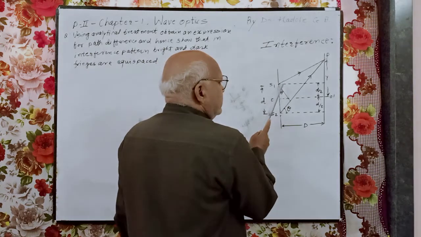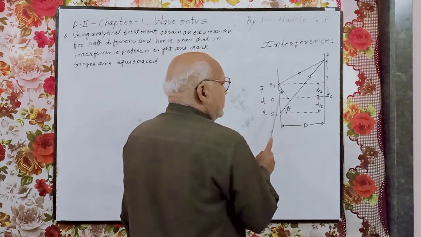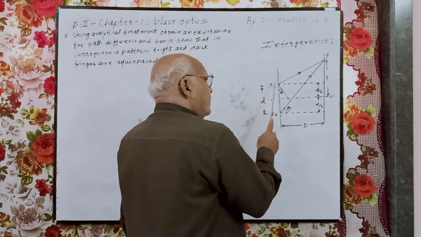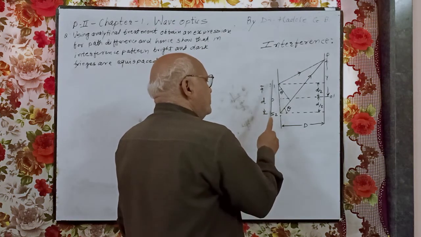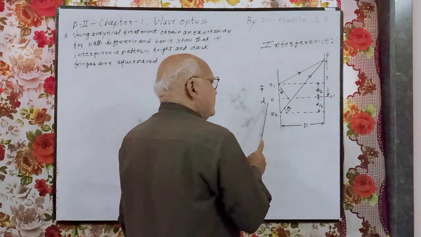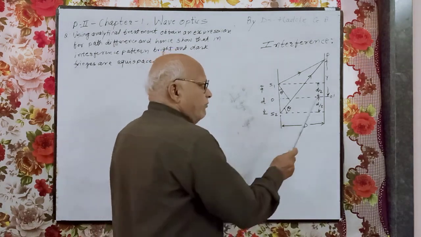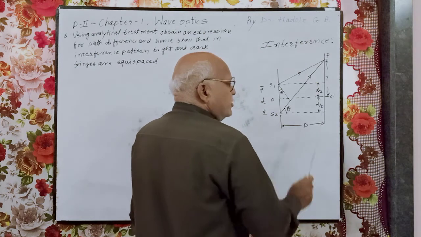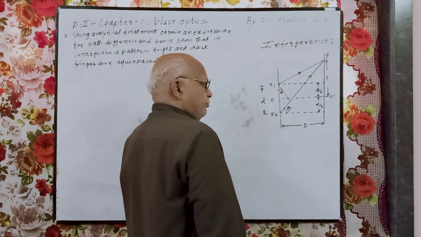If we join S1 O, see here, this O is the perpendicular bisector of this distance S1S2, that is d. And therefore this distance is d by 2, this distance is d by 2.